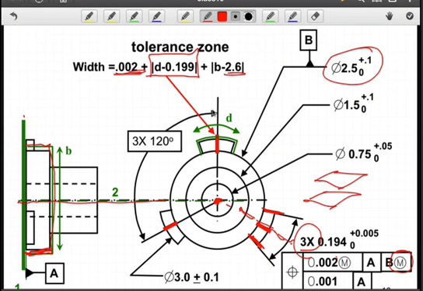So we're going to line up our tolerance zones so that they are centered about planes. Again, we have to put this at true position, right? So we're going to have a plane coming out from B, and then we'll center our 2 planes about that plane. So as you can see, I've got 3 tolerance zones at true position, and of course they're separated by 120 degrees.